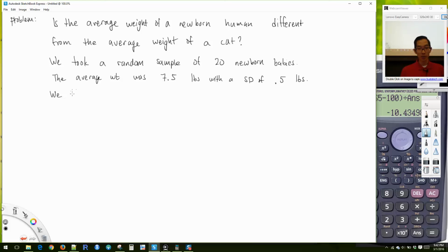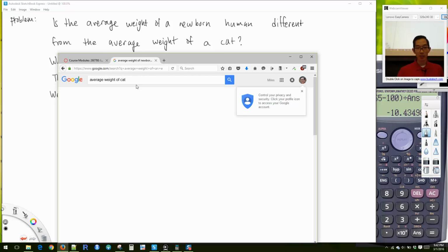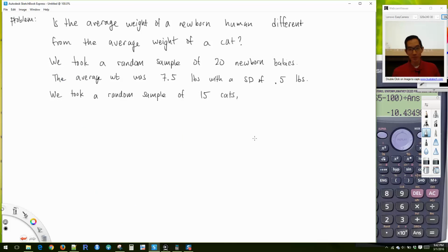And then we'll say we took a random sample of, we'll say, 15 cats. I don't know, what's the average weight of a cat? Okay. And the average weight was, we'll say, 8.5 pounds with a standard deviation of 1.1 pounds.